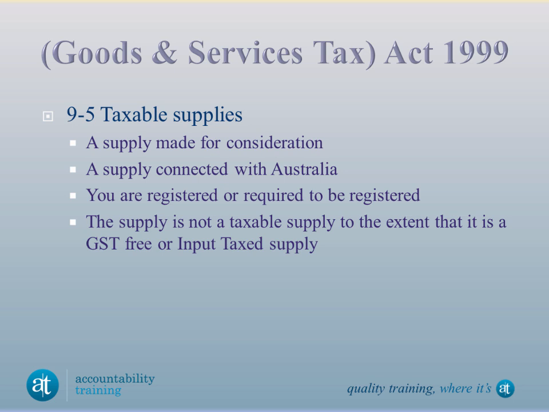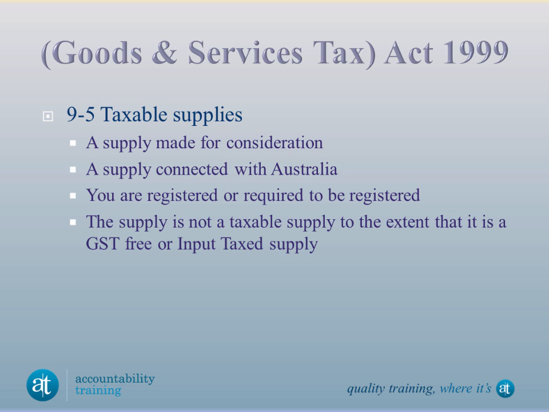Chapter 2 and Subdivision 9.5 explains that a taxable supply is something supplied in Australia by a business that is GST registered or is required to be GST registered for payment or exchange.